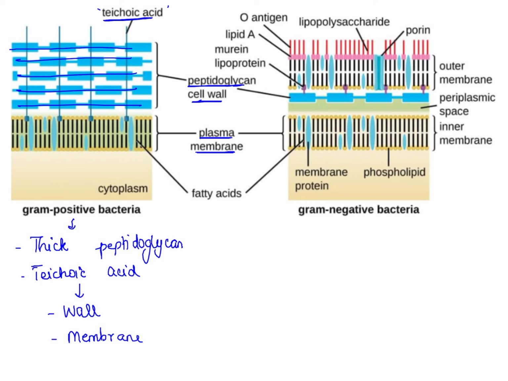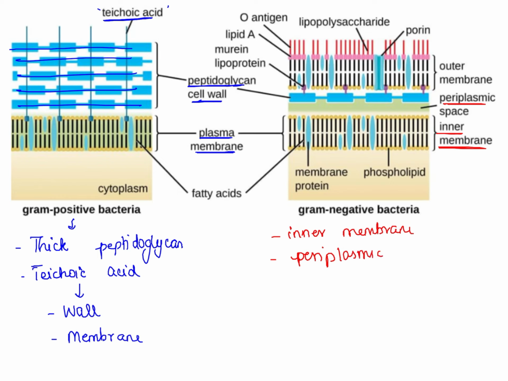And now, getting on with the structure of gram-negative bacteria, the structure is very complex. So, now let's focus from the inner to the outer layer. The cytoplasm is surrounded by the plasma membrane, which is known as the inner membrane for gram-negative bacteria, because we have something called the outer membrane. So, the first layer is the inner membrane, and next to the inner membrane we have the periplasmic space.